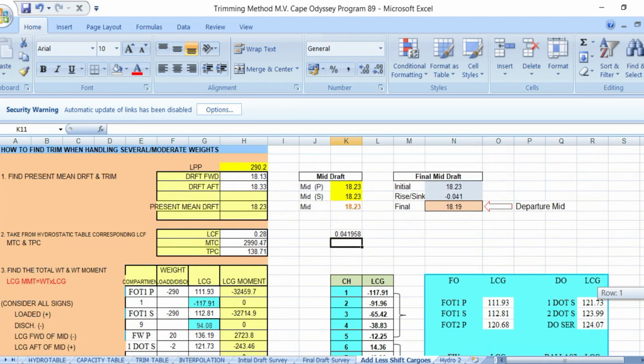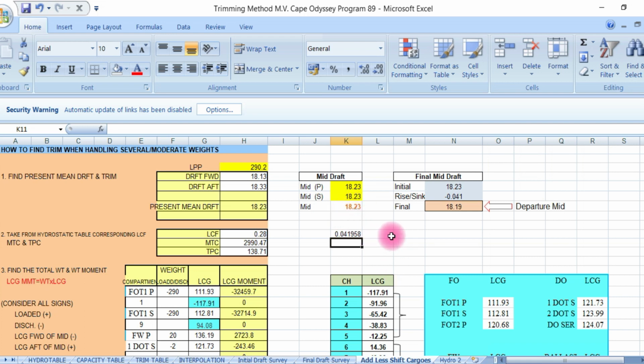So this is 4 centimeters that the vessel will rise. So if you have a target of 18.23 and your vessel will rise, you will deduct it from the arrival draft.